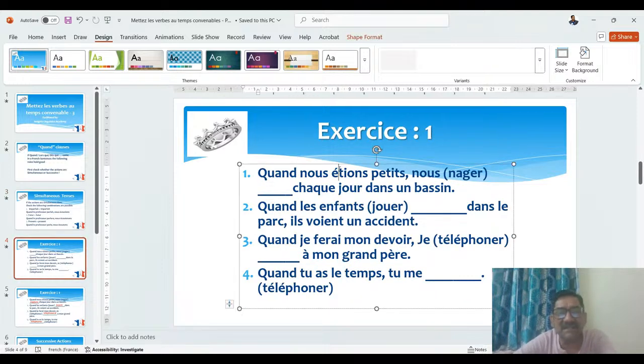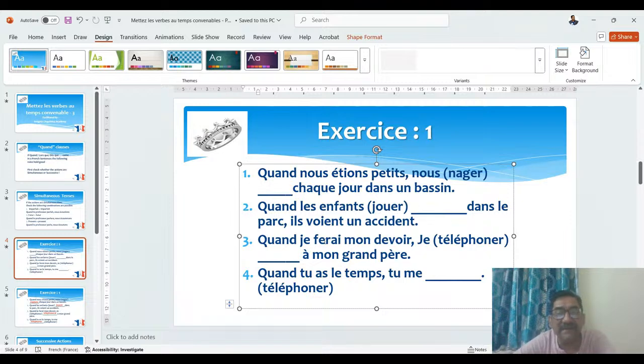You can see that étions is given in imperfect. This also you put in imperfect, because chaque jour has come. Can you see another clue? Chaque jour means each day. So when the children were playing in the park, they saw an accident. They see an accident, so they are playing, present tense.